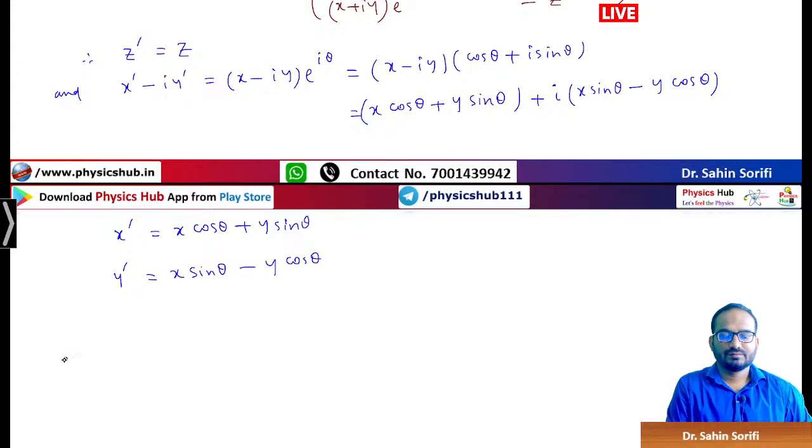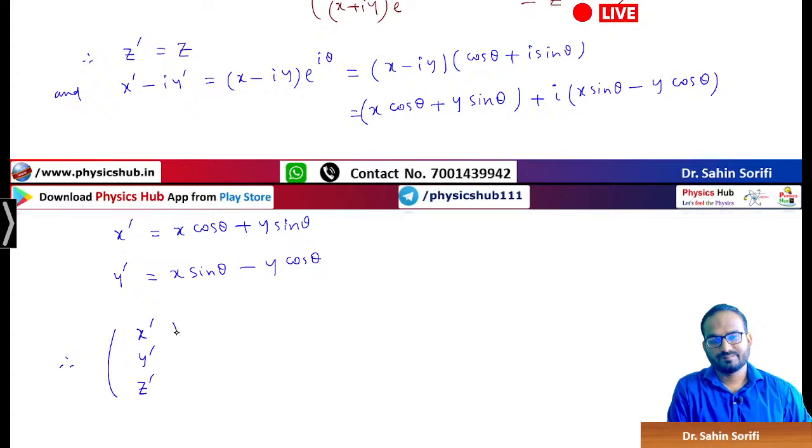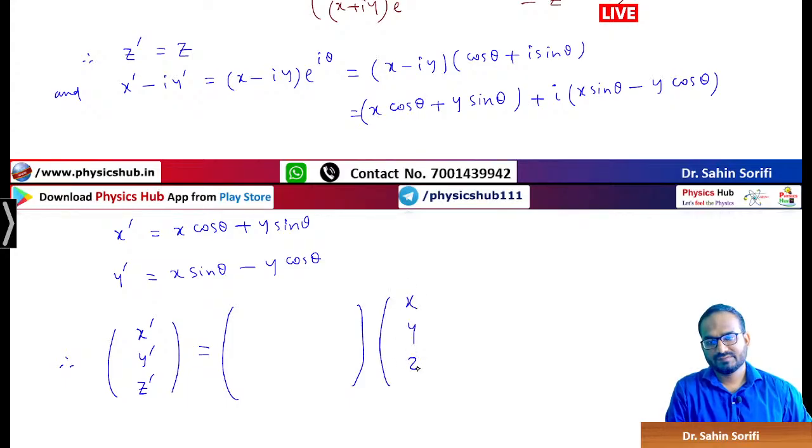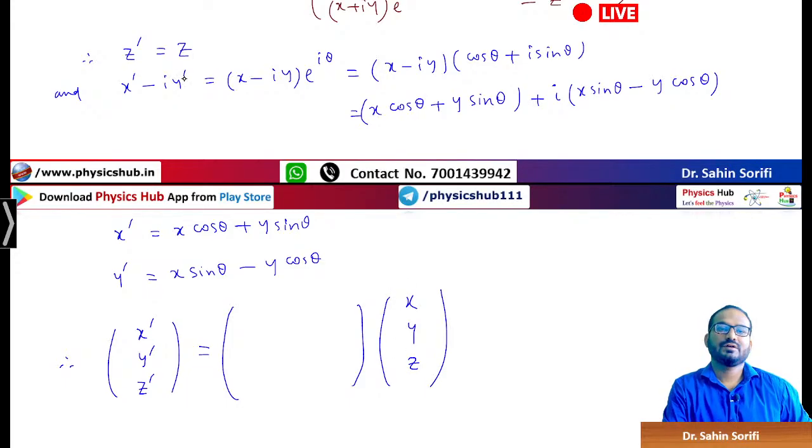So we can write, you see, x prime, y prime, z prime. So we have to write the 3 by 3 matrix along with x, y, z. So it is only having z. Okay, let's start with x prime. x, y, z is 0.